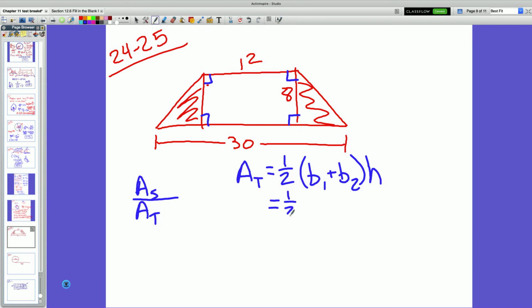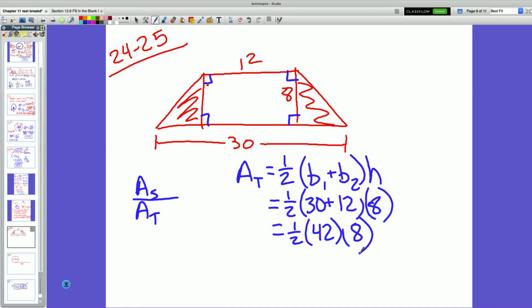So this would be 1/2 of 30 plus 12 times the height, which is 8. So this is 1/2 of 42 times 8. Do that in your calculator. 42 times 8 divided by 2, or times 0.5, your choice, is 168.